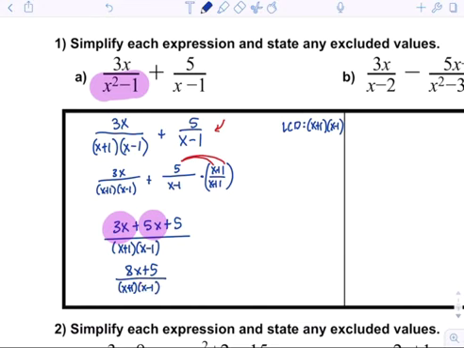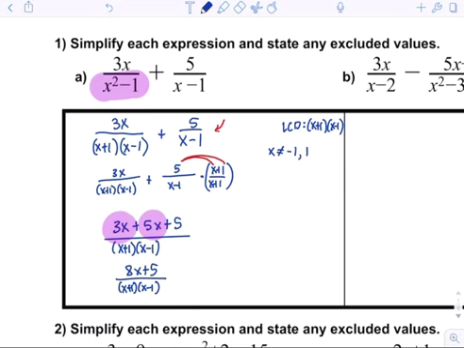I forgot to include this. Do you see where it says state the excluded values? So look back to our original problem, or when we factored it, this one right here. X cannot be -1 or 1.